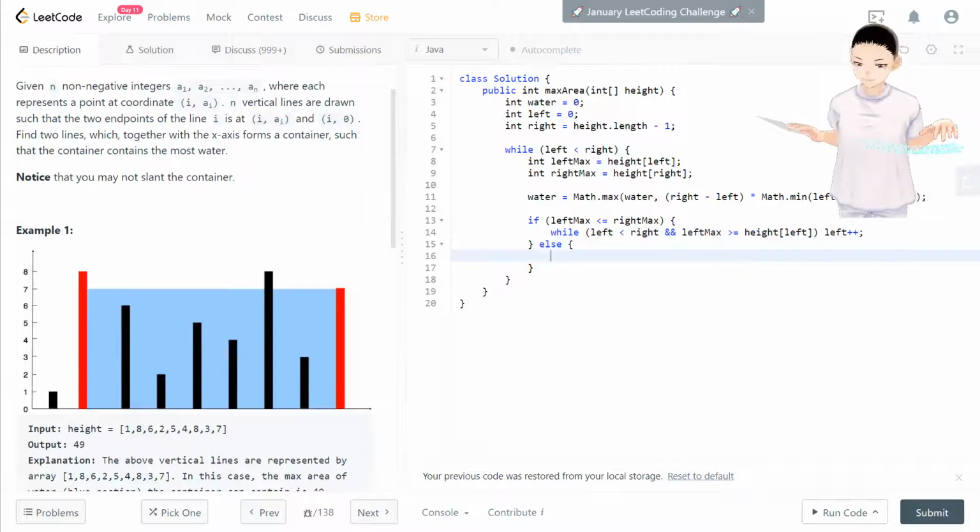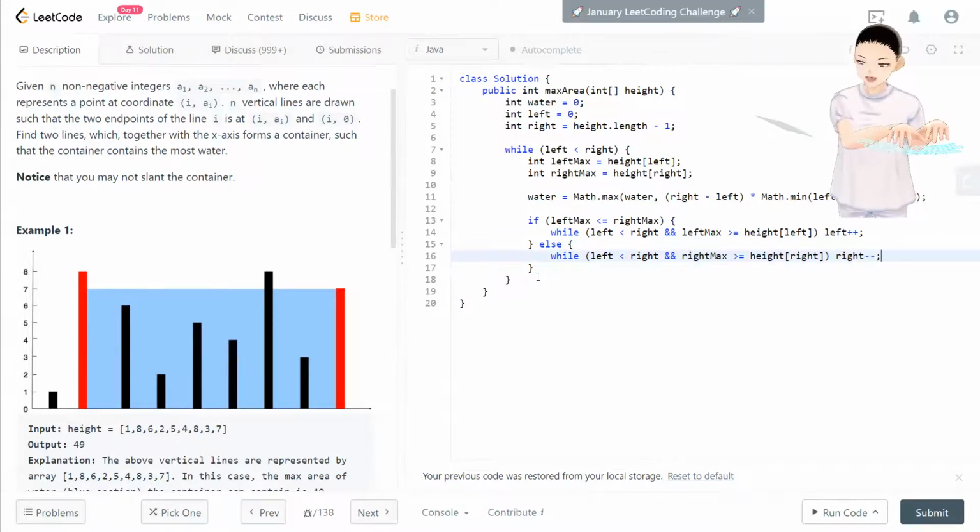Else, that means the left max is bigger than the right max. What we need to do is check the same condition, but now we check the right max is bigger than or equal to height[right], then we decrement right.